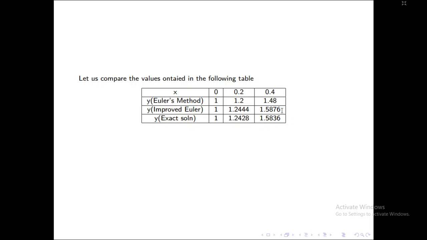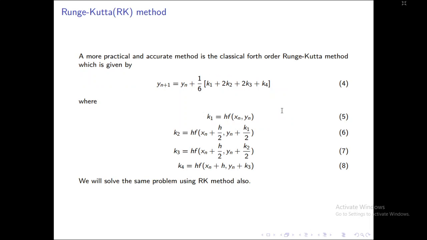And in practical situations, we can easily write a simple program to execute either Euler's method or improved Euler's method. So the iteration process is not a tedious task when we depend on some programs or some calculators. So it's not a big issue. We are usually concentrating on improved Euler's method.